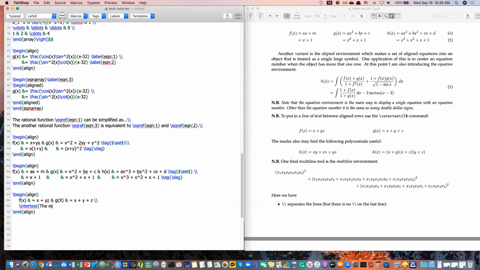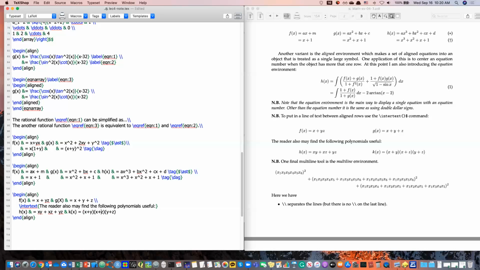The reader also may find the following polynomials useful. Then close the curly bracket. And then h of x, now we continue writing the equation. It's equal to xy plus xz plus yz. And k of x equal to x plus y, and then x plus z, y plus z.